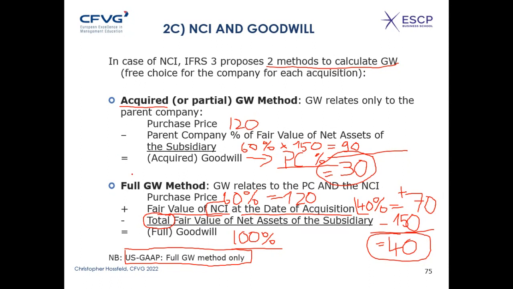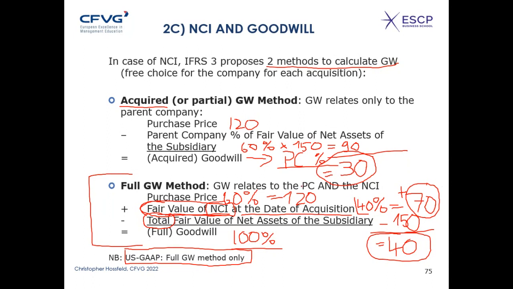So what is the main criticism of people who don't want to use the full goodwill method? Well, the main criticism is the fair value of NCI. Why? Well, because the criticism is to say that this number here, the 70 that I calculated, is highly subjective because it is not based on a transaction. It's just a number on paper. There is no transaction.